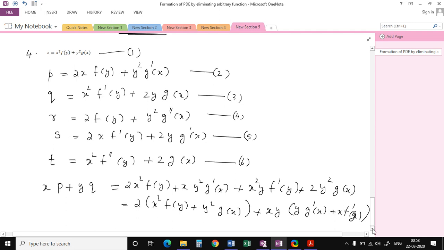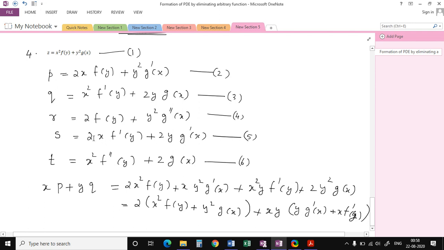So now you see the given question, that is z is equal to this function. We got the same term here. And now here in this bracket we have y g dash x plus x f dash y. You see equation number 5. So these are the terms.